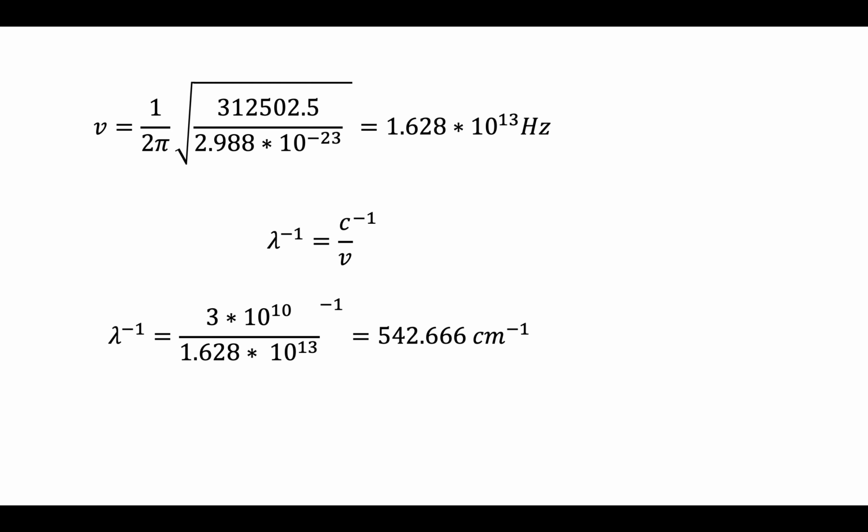It's still c is the speed of light in centimeters per second, so it's 3 times 10 to the power of 10 over 1.628 times 10 to the power of 13, giving us the stretching frequency of 542.666 centimeters to the minus 1.